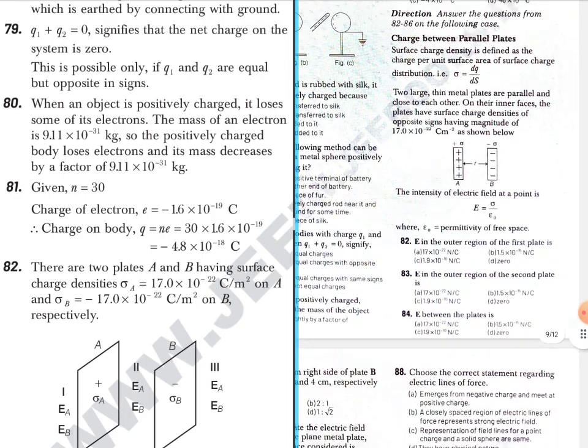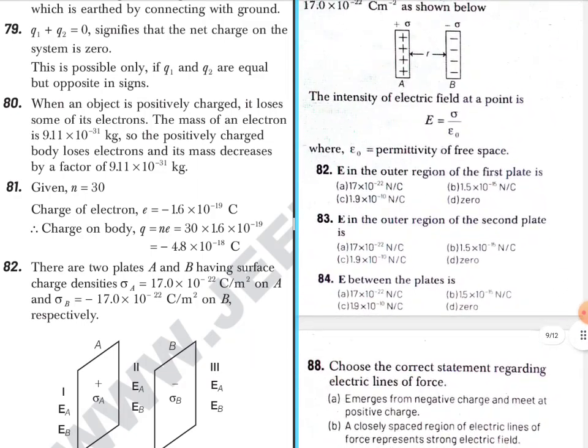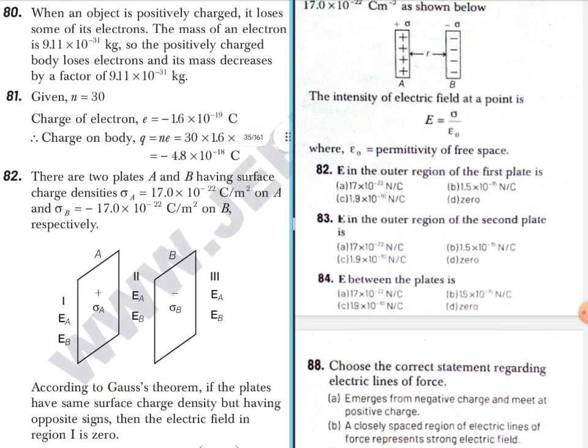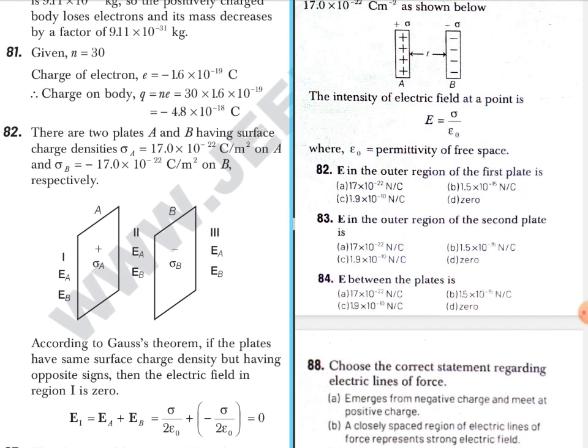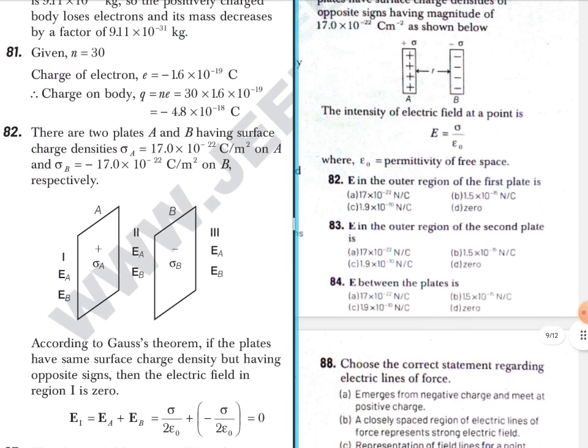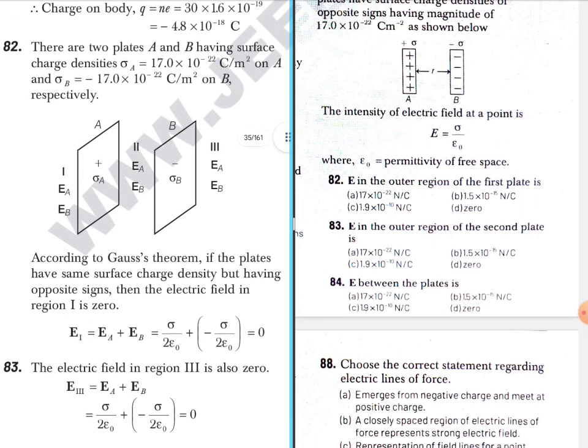So next is this. 82nd question. E in the outer region of the first plate, they're talking about region 1, region 2, region 3. Between a positive and a negative plate, the electric field will not be 0. To the left and the right, the electric field can be 0.